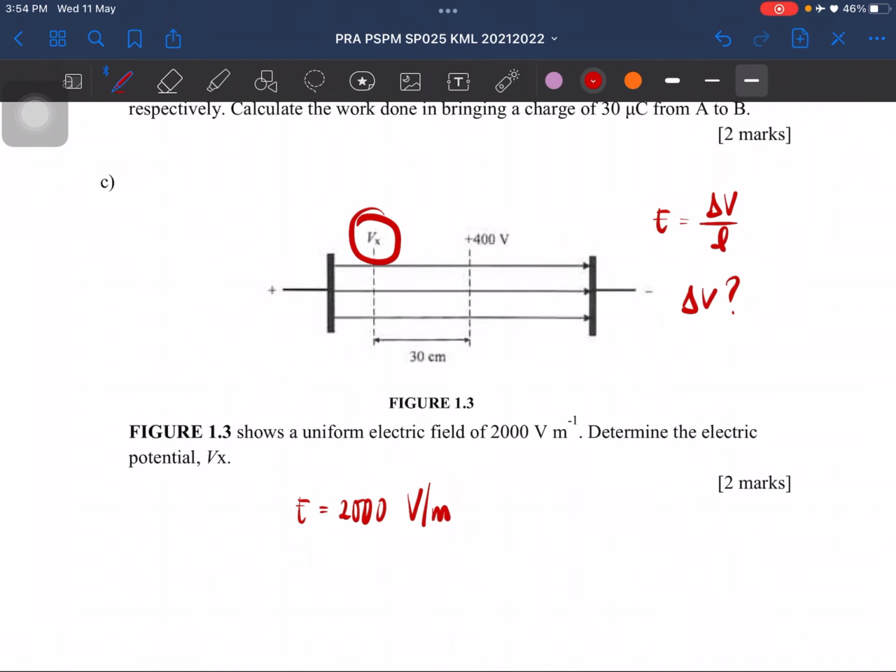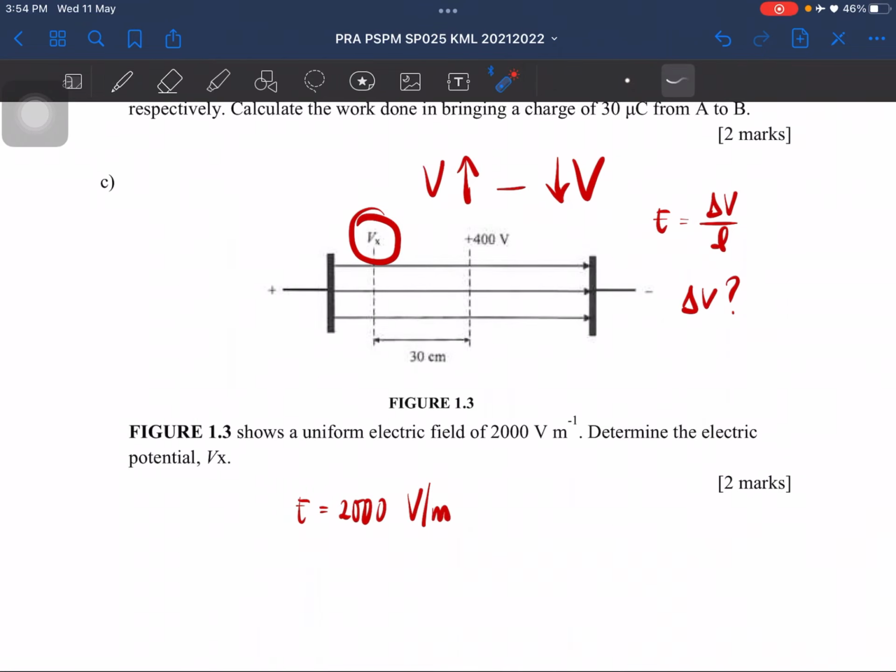So delta V ni from this diagram, we are gonna solve it by doing high voltage, the V which is higher should minus the much lower voltage. Okay, but now we don't actually know which one lah kan.